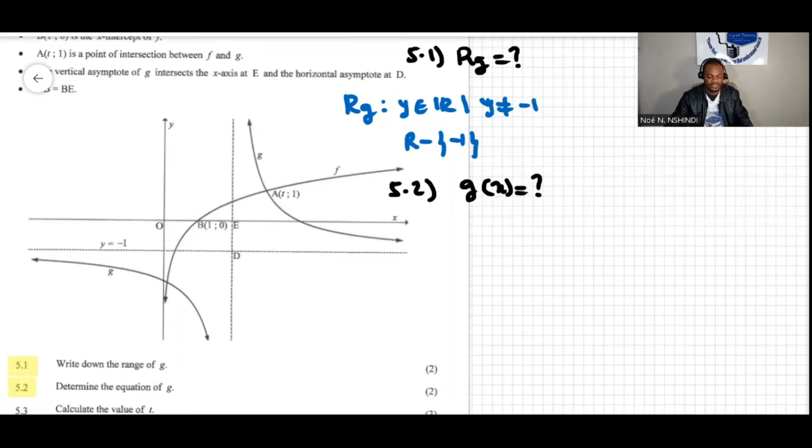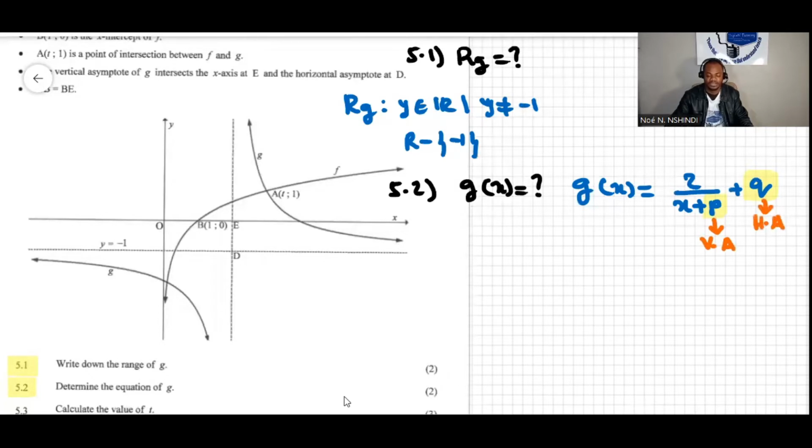In the question, g of x is given by 2 over x plus p, and then plus q. It is important to note that p and q here stand for the vertical asymptote and the horizontal asymptote respectively.